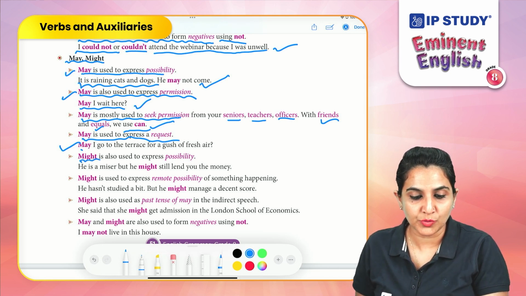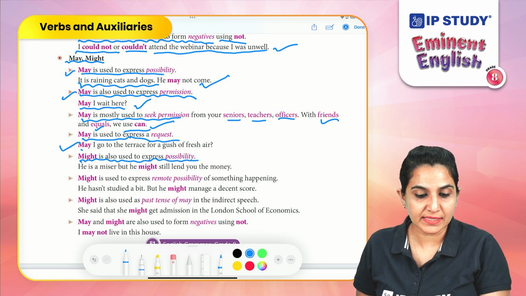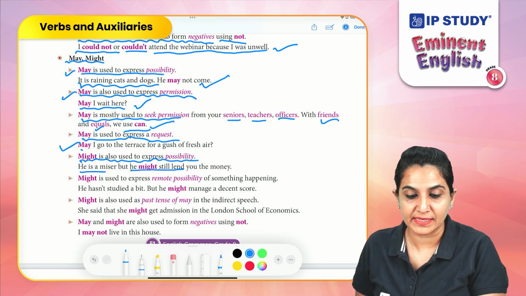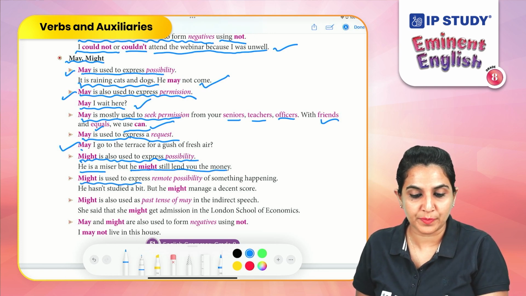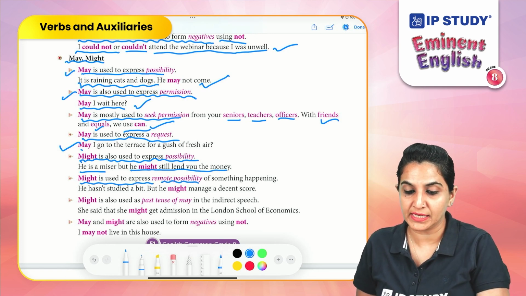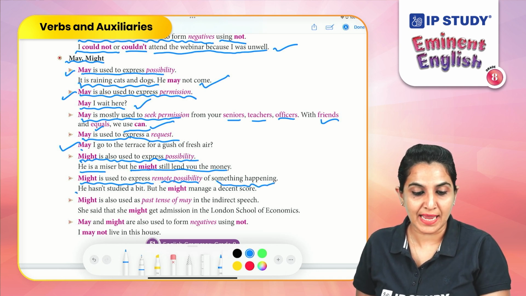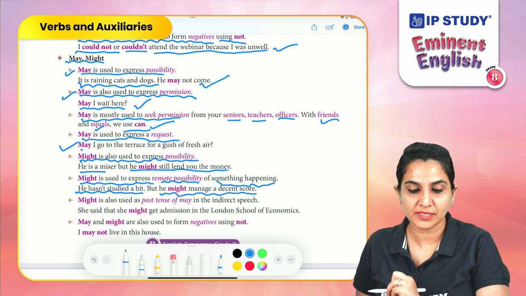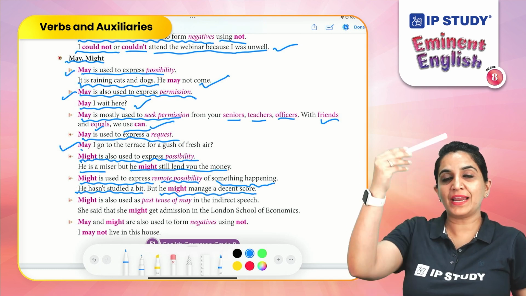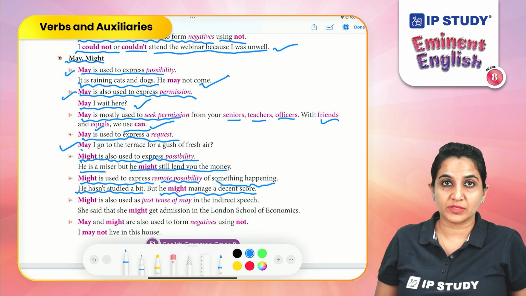Might is used to express the possibility. He is a miser, but he might still lend you the money. Might is also used to express the remote possibility of something happening. So may and might, how are they different? They both express the possibility.